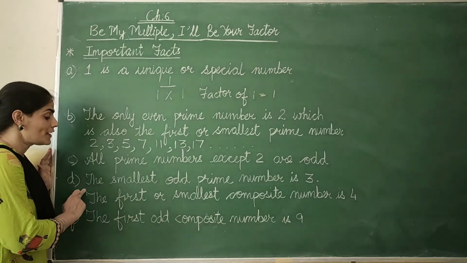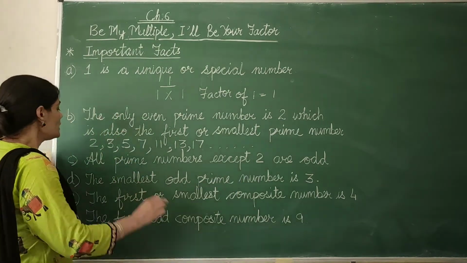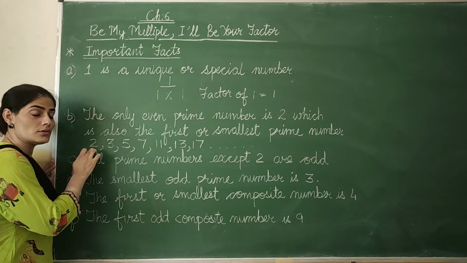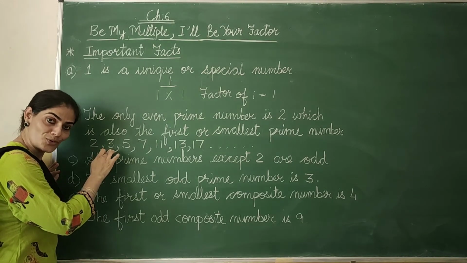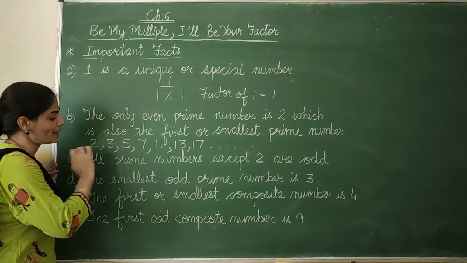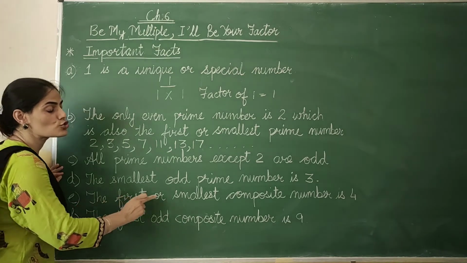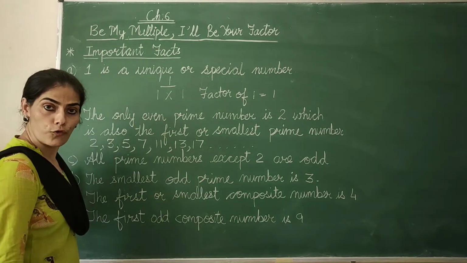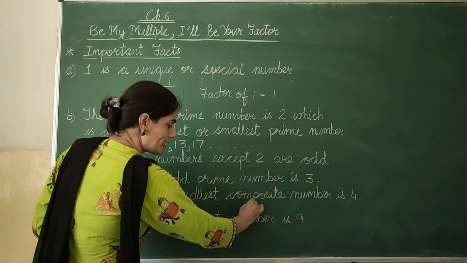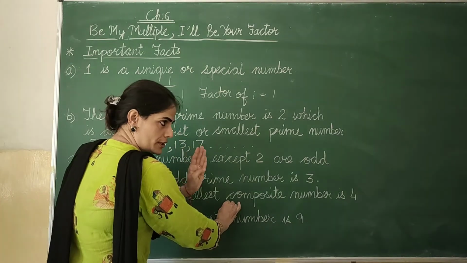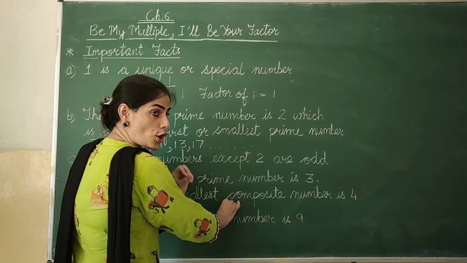Now the fourth fact, the smallest odd prime number is 3. The smallest prime number is 2, but the smallest odd prime number is 3. Have you understood? The first odd prime number is 3. The fifth fact is the first or smallest composite number is 4. If I write the numbers here, what do you observe? 1 is the unique number, 2 the first prime number, 3 the first odd prime number.